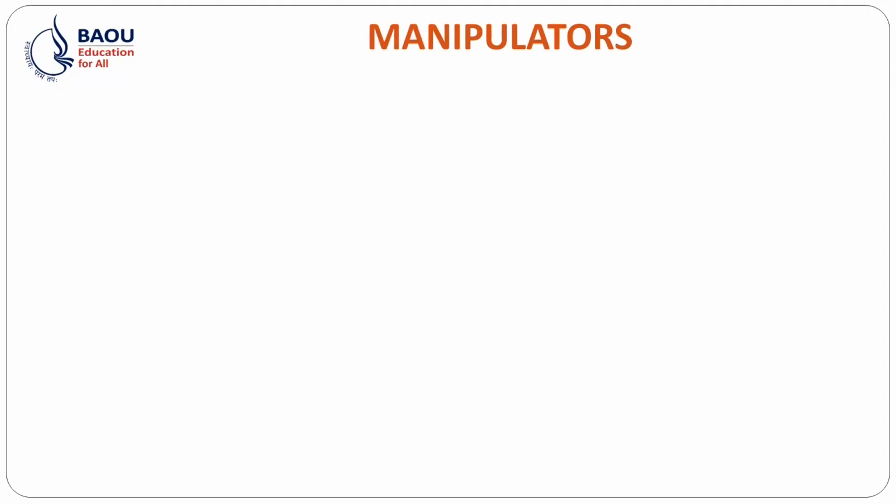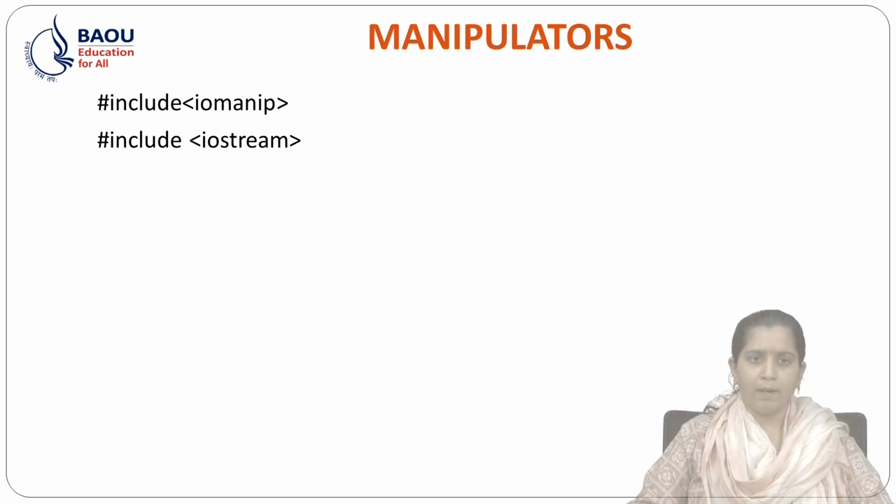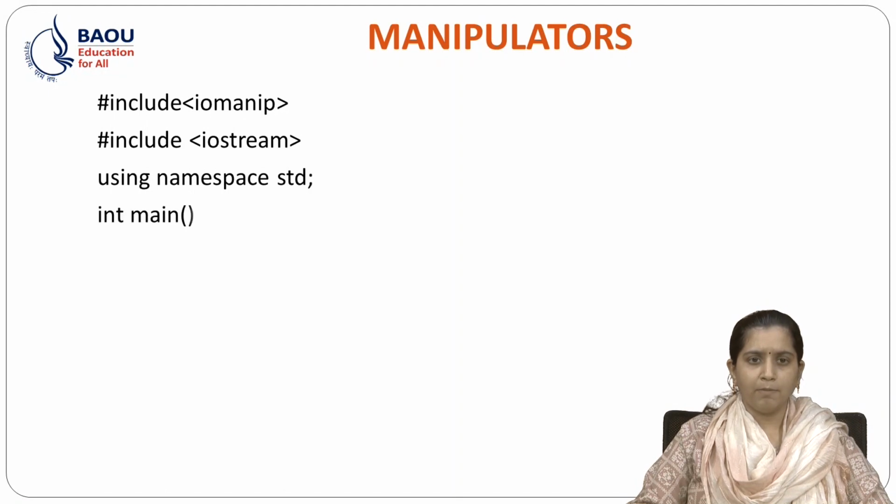Now, let us see one example of manipulators with and without arguments. First, I have to include iomanip. It is the header for manipulators. Hash include iostream, using namespace std, int main.